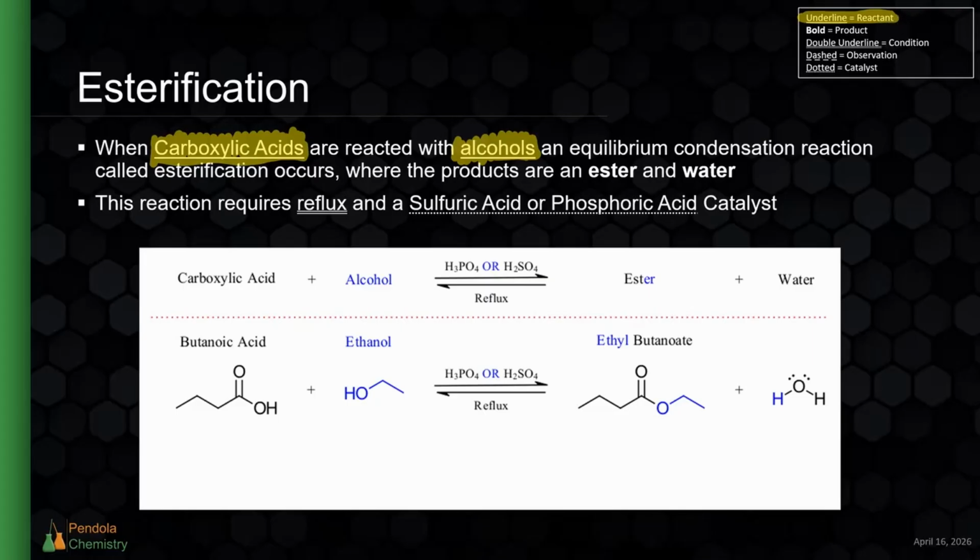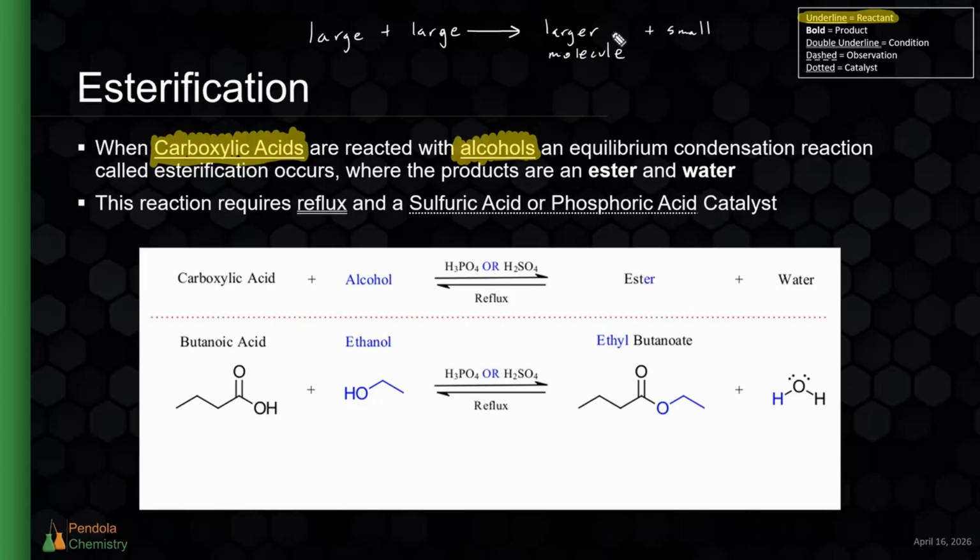When these two organic reactants react with each other, what we create is a condensation reaction, which we call esterification. A condensation reaction is when two large molecules come together, and let me make a little mock-up here, to create a larger molecule, and a small molecule gets eliminated.